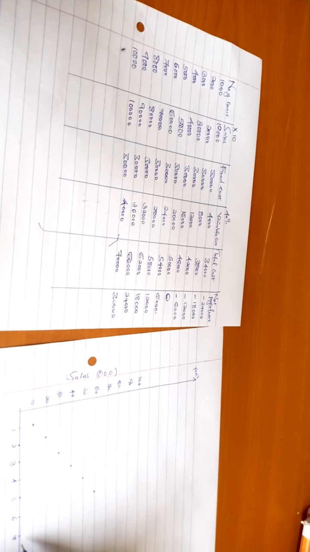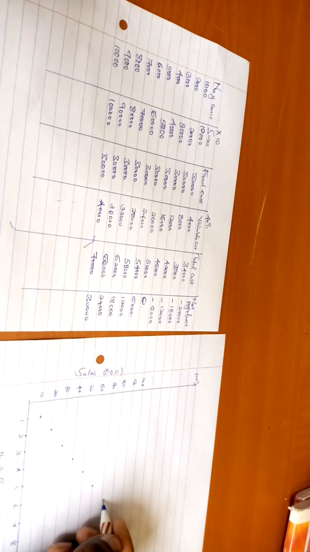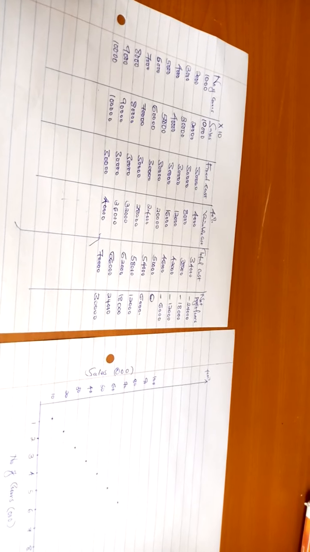Even if we might not have graph paper, even foolscap can give you the expression of the right graph. At 7,000 we have 70,000. I'm trying as much as possible to make it a straight line, as it's supposed to give us a straight line.